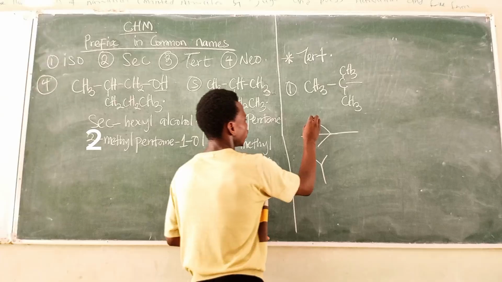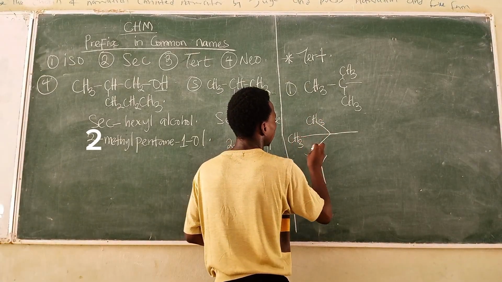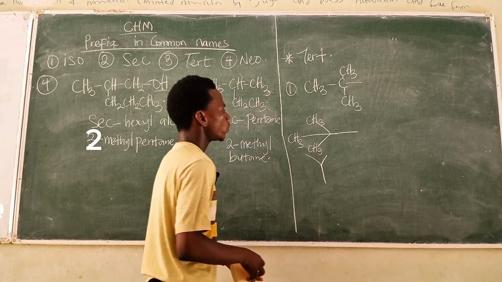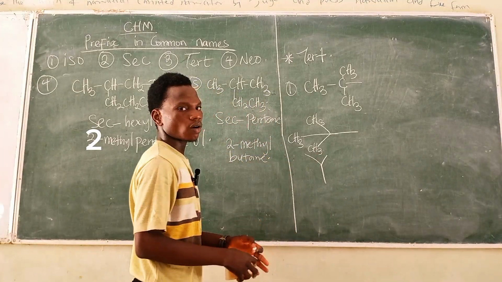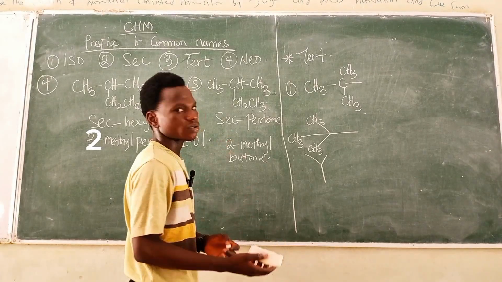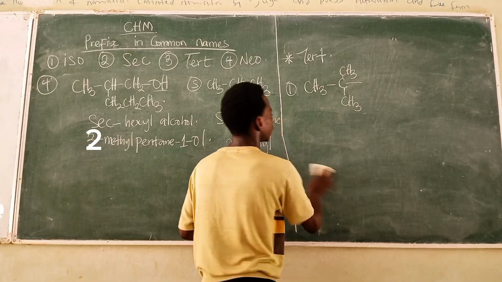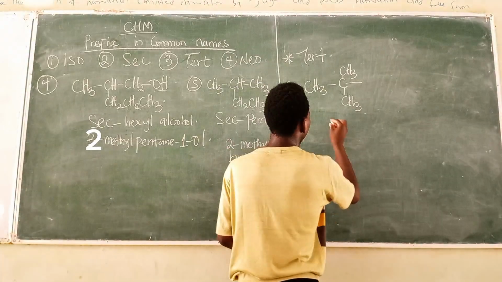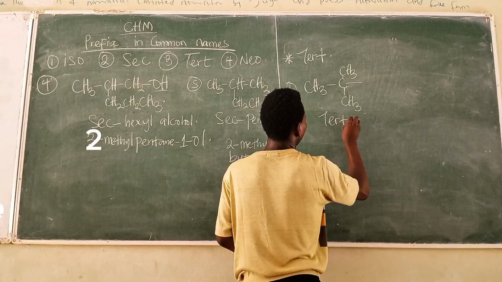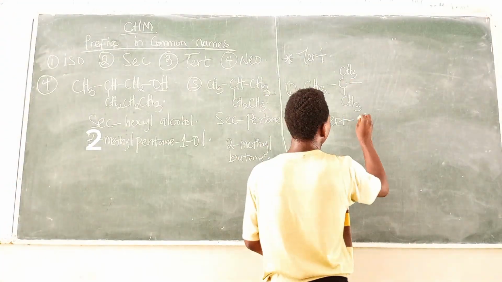So here you have a CH3, here you have a CH3, and here you have a CH3. So this is how you are able to identify and name organic compounds using the prefix Tert. Now, if you are to name this, the name becomes Tert 1, 2, 3, 4.